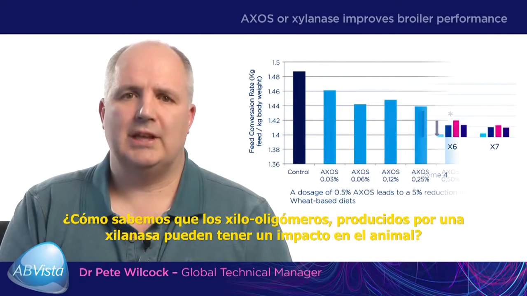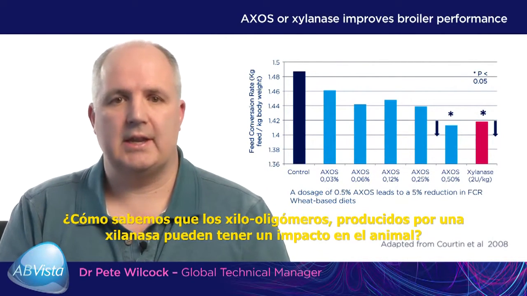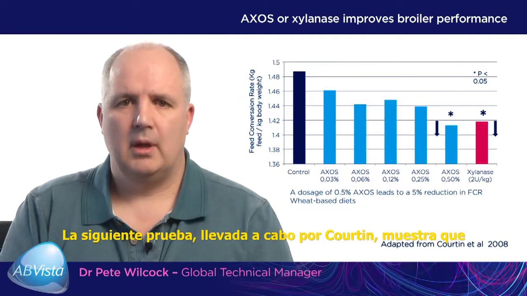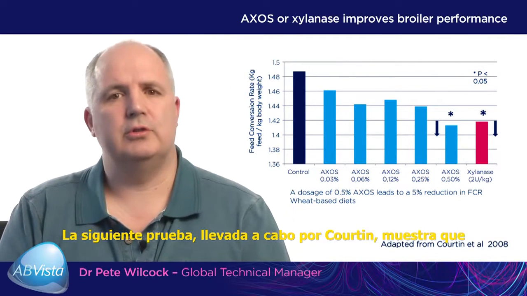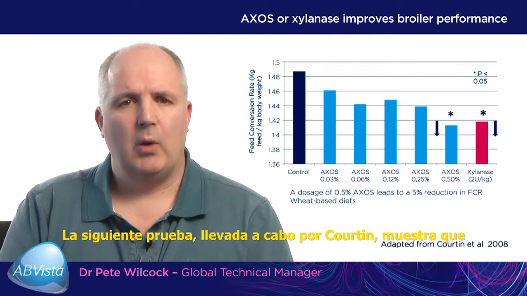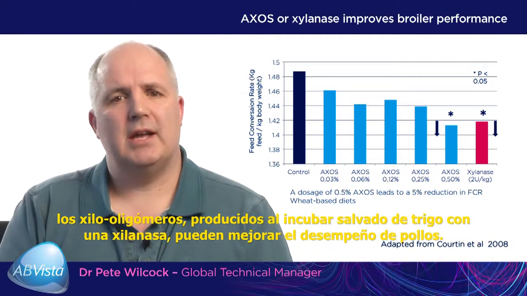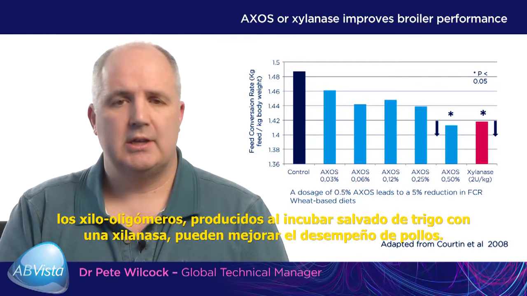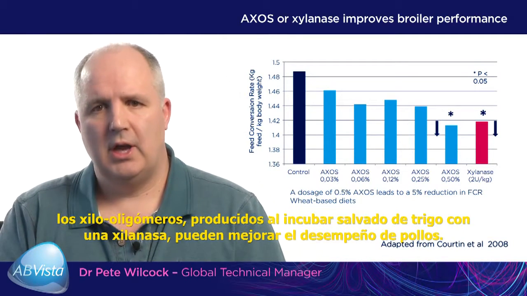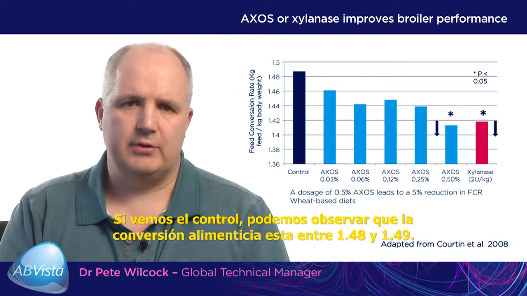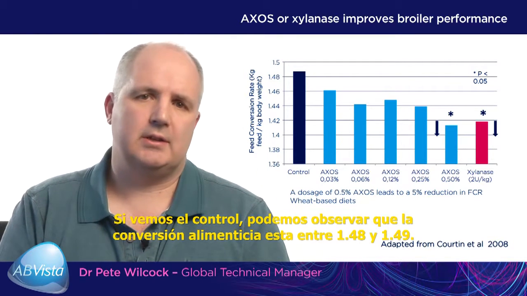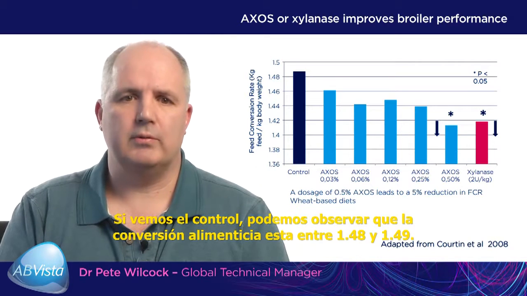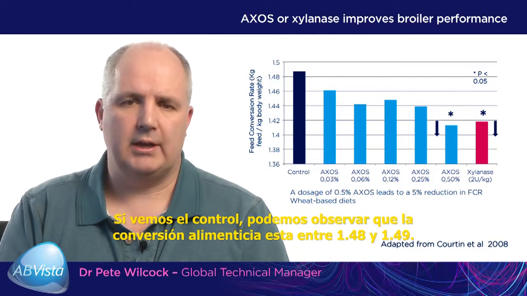How do we know that xylo-oligomers produced by Xylanase can have an impact on the animal? This following trial was conducted by Cortan, and what it shows is that xylo-oligomers produced by incubating wheat bran with a Xylanase can improve broiler performance. If you look at the left hand side of the graph, the dark blue bar, you can see that the feed conversion is around about 1.48 to 1.49.